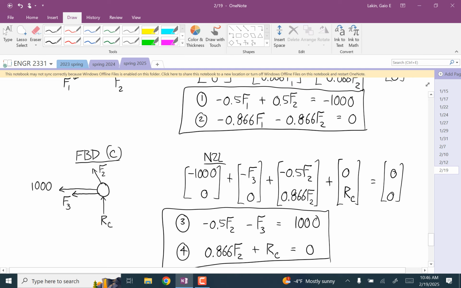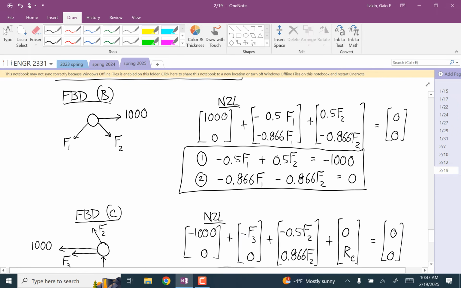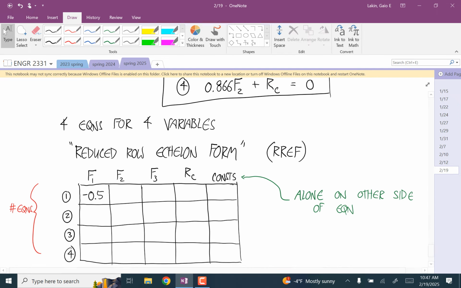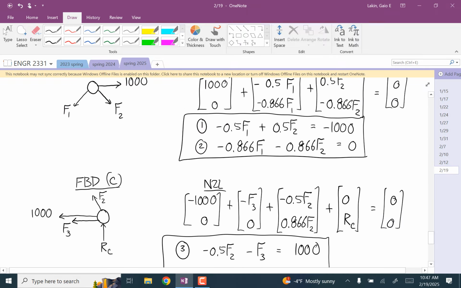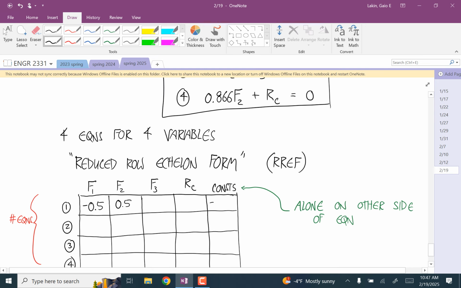So equation 1 says F1s, we have negative 0.5. F2s, we have 0.5. And the constant on its own side of the equation is negative 1,000. And everything else is zeros.